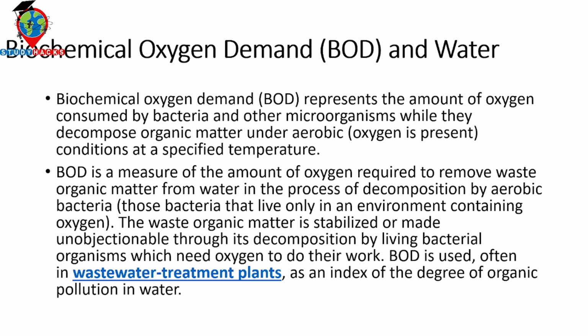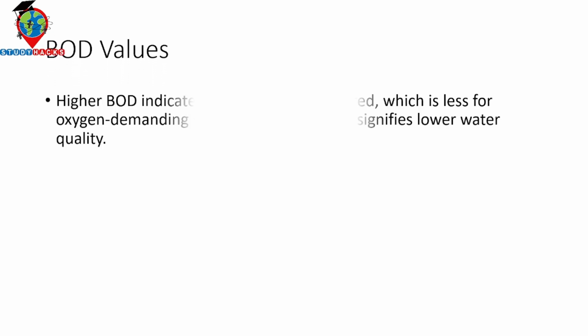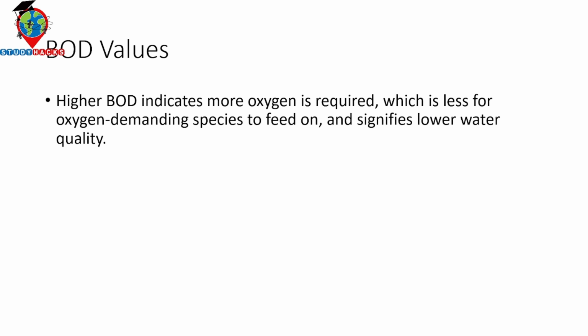BOD is often used in wastewater treatment plants as an index of the degree of organic pollution in water. Higher BOD values indicate that more oxygen is required, which leaves less oxygen available and significantly lowers water quality.